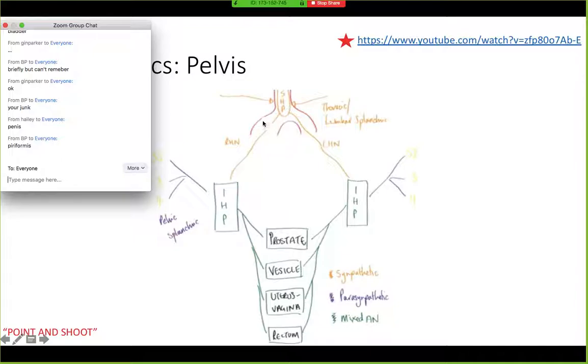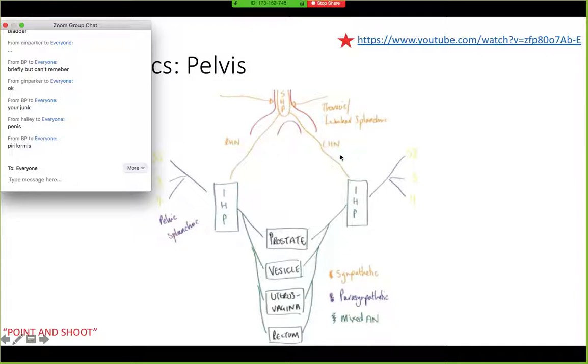And then part of those fibers are coming from your right and left hypogastric nerves. And these are sympathetic fibers that are branching from the superior hypogastric plexus. So you have sympathetic fibers coming from the superior hypogastric plexus, which is splitting into right and left hypogastric nerves.